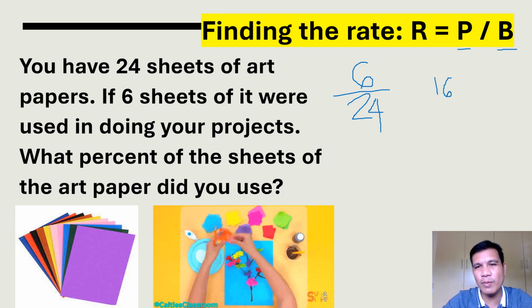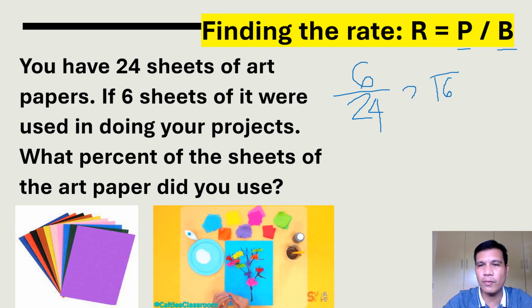6 divide by 24. Okay, so let us divide. Put the decimal point, add decimal point, and zeros. Then let us divide. So 6 divided 24 is 0. Okay, 0 na dyan. Then put the decimal point.